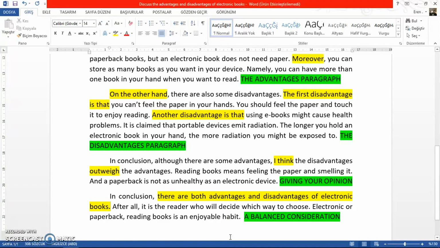When you say this, it looks like you have a balanced opinion. So you don't support the advantages side, and you don't support the disadvantages side either. And I say, after all, it is the reader who will decide which way to choose. So electronic or paperback, reading books is an enjoyable habit. So this was a balanced consideration.